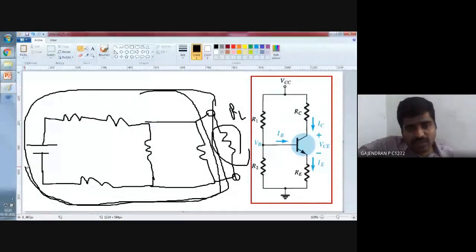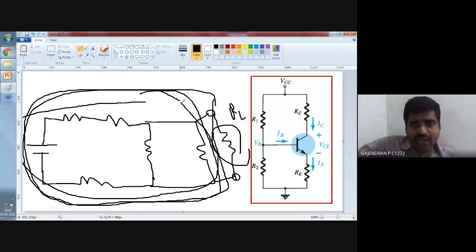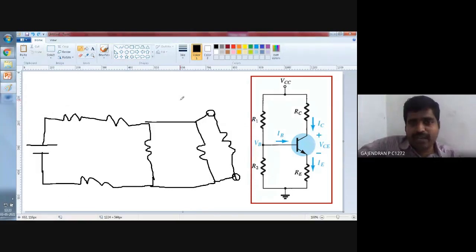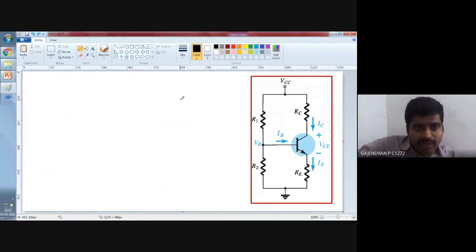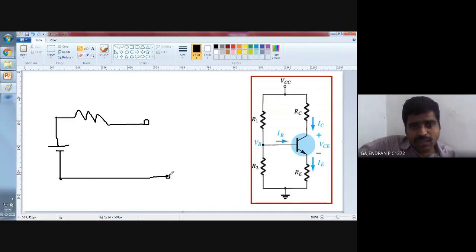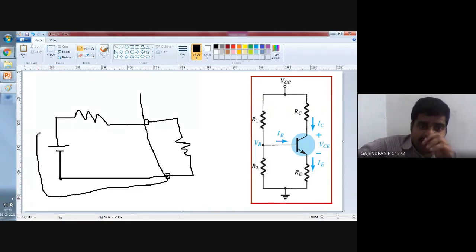Why can't I convert these many elements into simple elements, and analyse with just two elements? So he introduced one circuit consisting of one voltage source and one series resistor. That's all. The whole circuit you had previously, he converted into an equivalent circuit consisting of one source and one resistor.